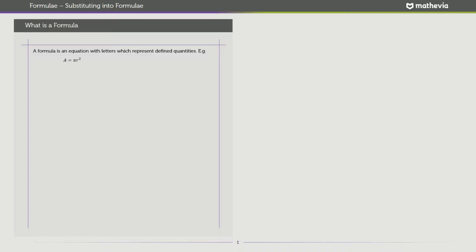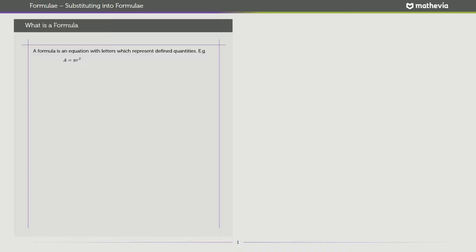An example of a formula is the formula for finding the area of a circle. So we have area equals pi r squared. And usually you would be given values for pi and values for r, and you'd quite simply just need to substitute those values into this formula to get your area.